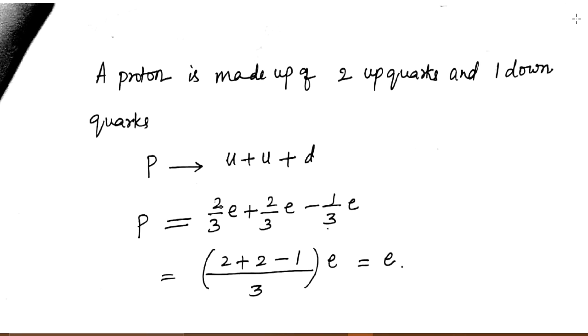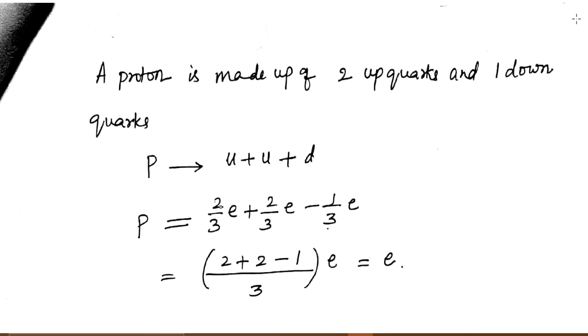Next, a proton is made up of 2 up quarks and 1 down quark. For example, proton P is equal to U plus U plus D, where U means up quark and D means down quark. 2 up quarks and 1 down quark combine to form a proton.